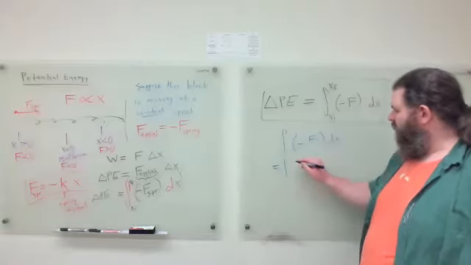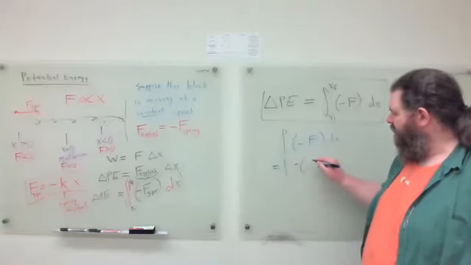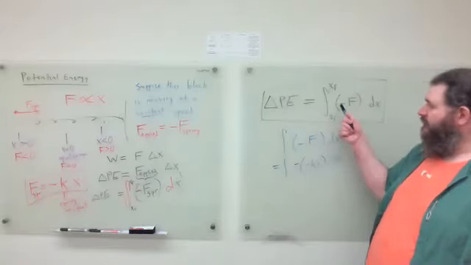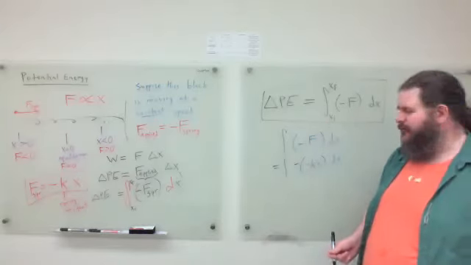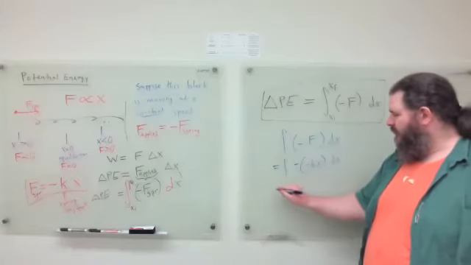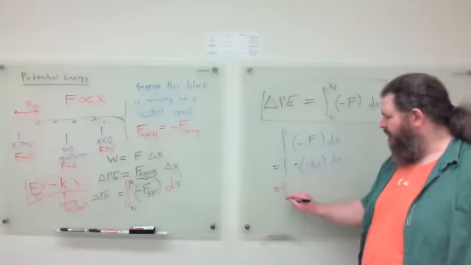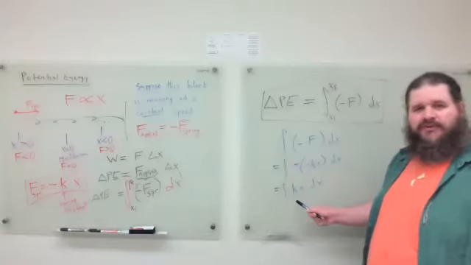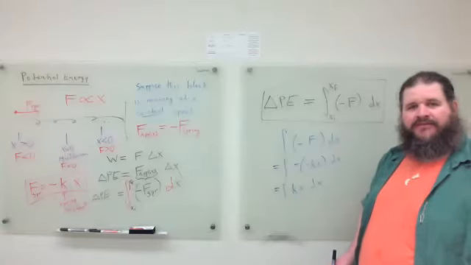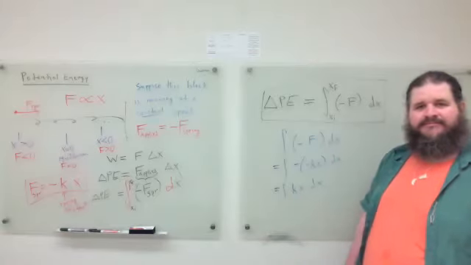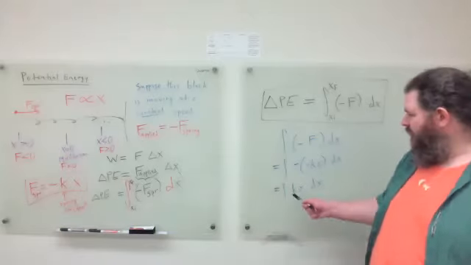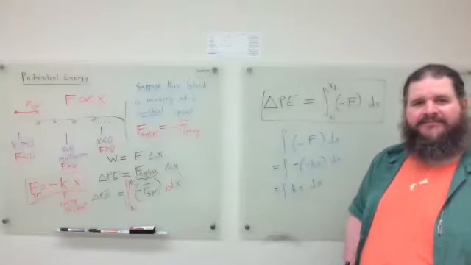If we rewrite force as negative Kx, but we also have this negative from the original definition of potential energy, these negatives cancel out, so we just get the integral of Kx dx. And how would you integrate that, assuming K is a constant?